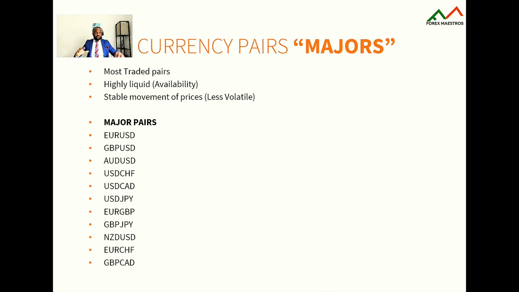This should be your focus when you are dealing with the core FX asset class. For now, this should be your major focus. Why? They are mostly traded pairs, which means the prices will be fair.